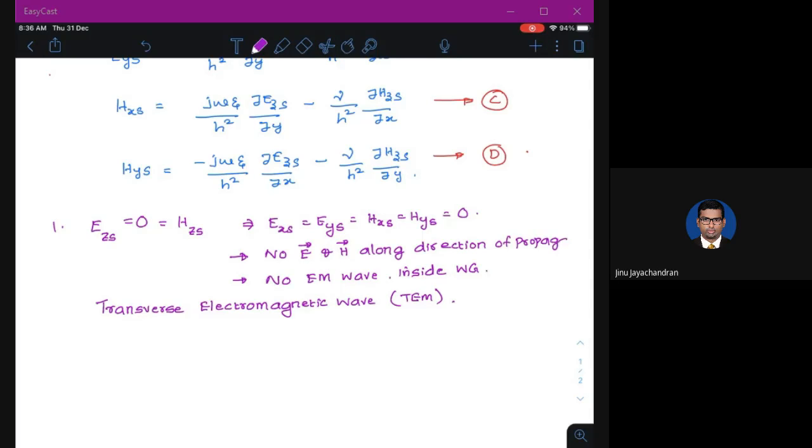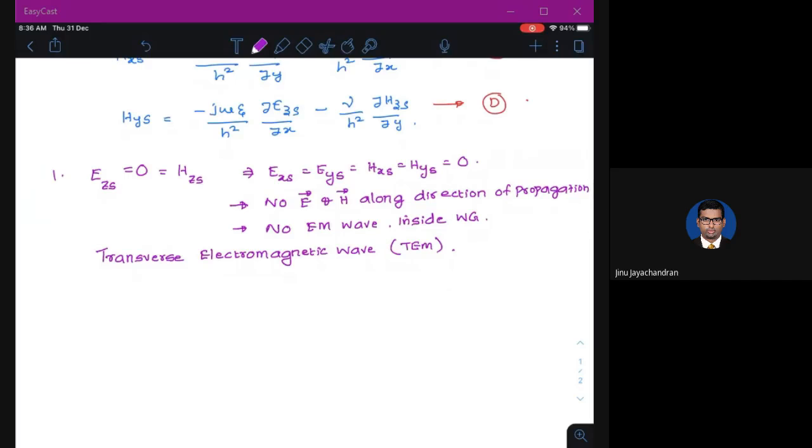The electric field and magnetic field exist, but they will exist in directions perpendicular to the direction of propagation. There will not be an electric and magnetic field component along the direction of propagation. And if that is the case, then in a waveguide, there will be no electromagnetic wave. So if there is no component along the direction of propagation for electric and magnetic field, such a wave is called a transverse electromagnetic wave.